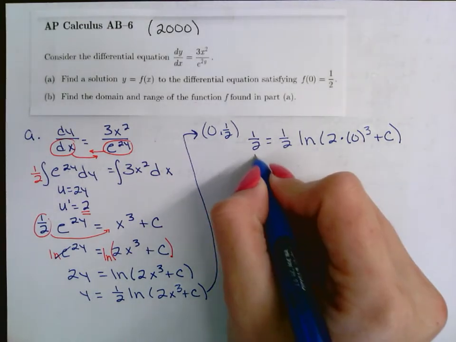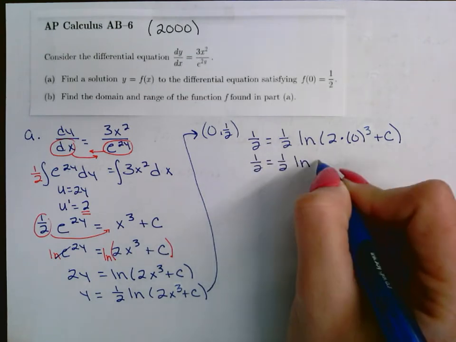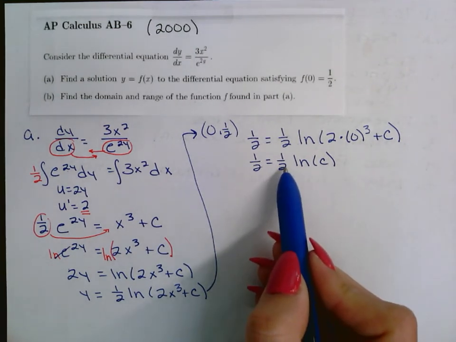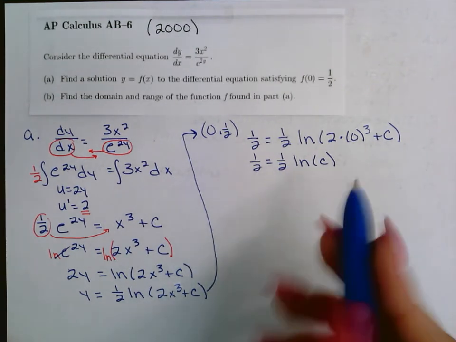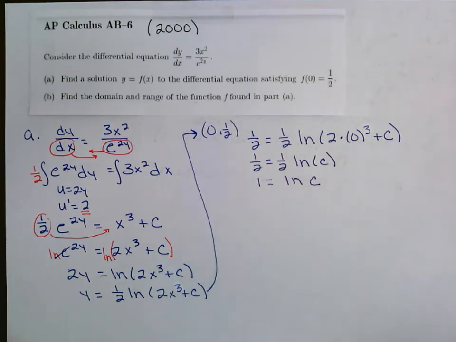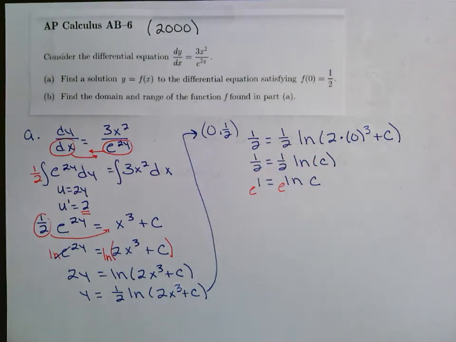So I have 1/2 equals 1/2 ln of c. Okay? I can divide this 1/2 over, which leaves me with 1 equals ln of c. How do I get that ln out of there so I can get c by itself? Good. E both sides. This cancels.